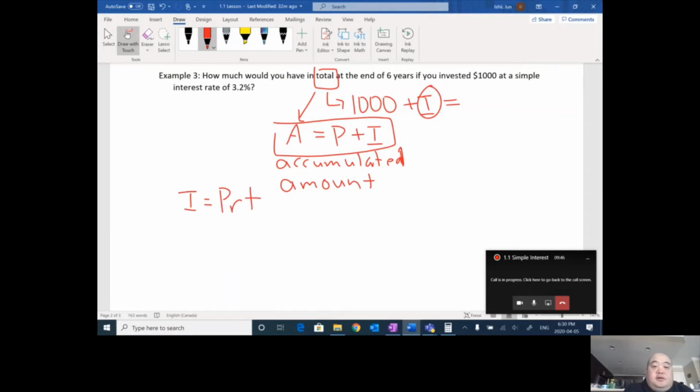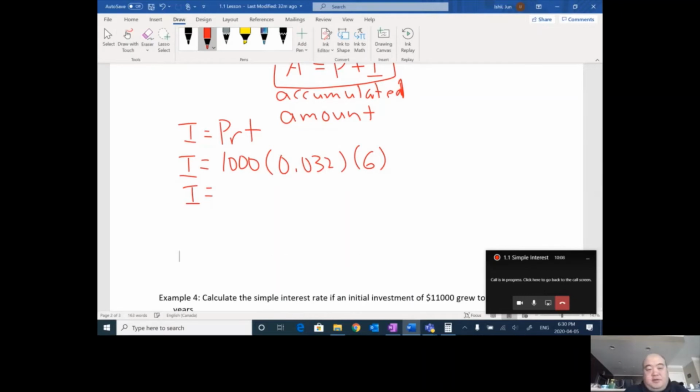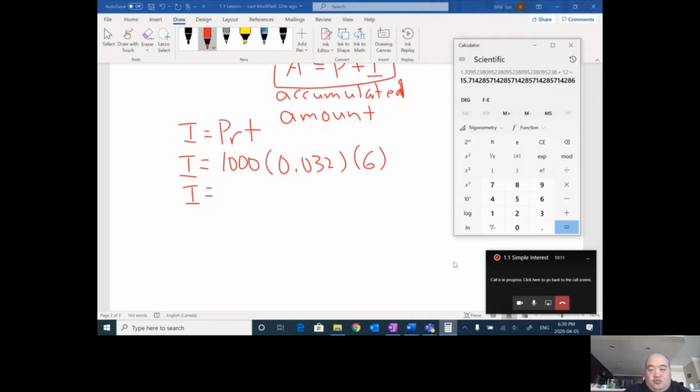So we sub it in, the principal was 1,000. The rate is 0.032, and the term is 6 years. All right. So when we multiply these three together, 1,000 times 0.032 times 6.